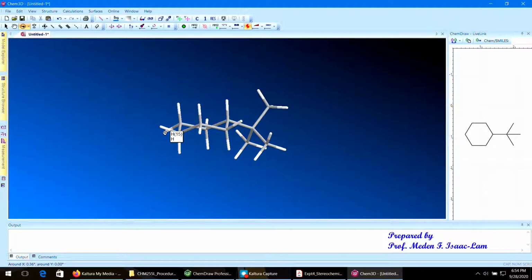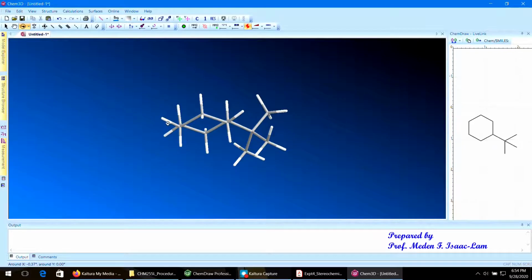So you have 3 bonds as opposed to 2 bonds like this one, H14 bonded to C2 and then H13, that's a bond angle. So we're now doing a dihedral angle, which is this one, composed of 2 planes, one plane, the second plane.